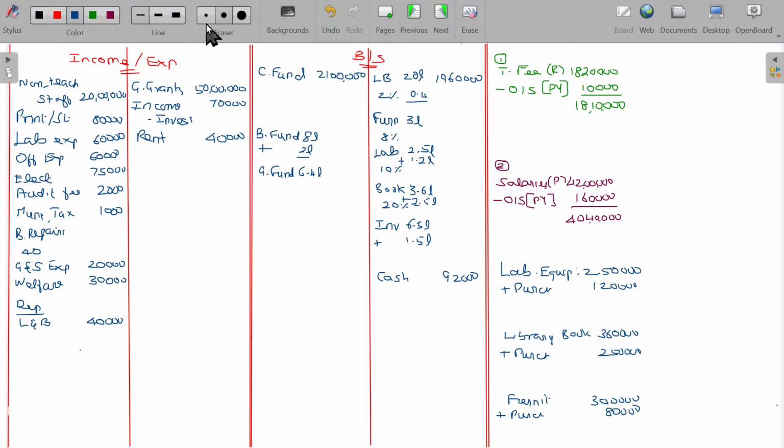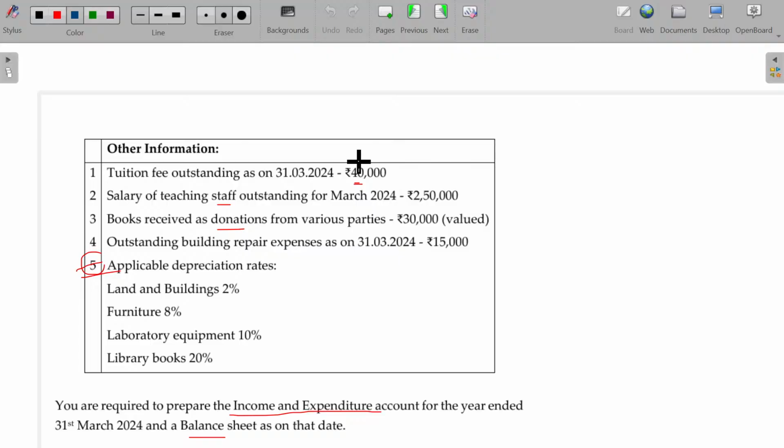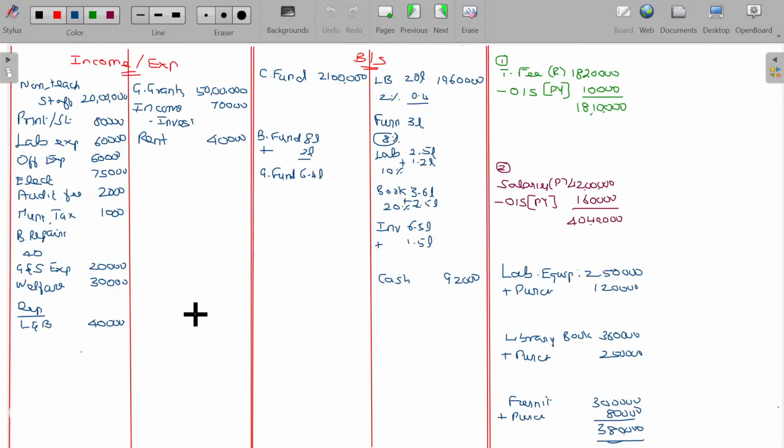In case of furniture, there is an adjustment. 3,80,000 rupees. Depreciation applicable on furniture is 8%. I'm not sure whether I can calculate the depreciation on the entire value or not. As no information is given whether the depreciation will be calculated for a full year or half year, or no depreciation for the newly purchased item: if the newly purchased furniture is given with the date of purchase, then you can calculate proportionately.